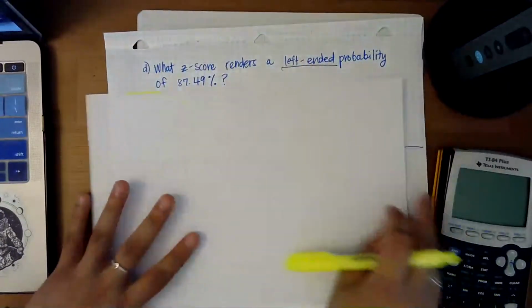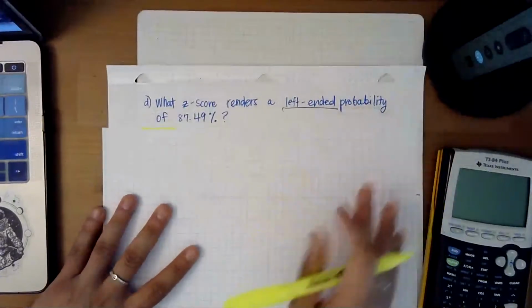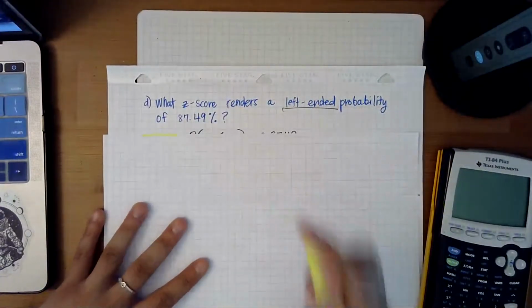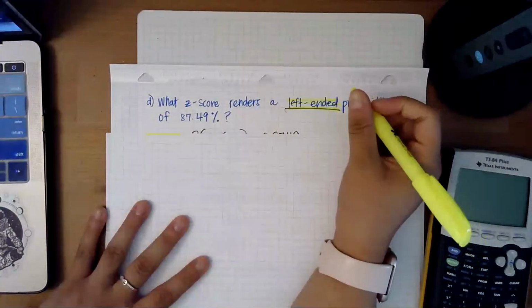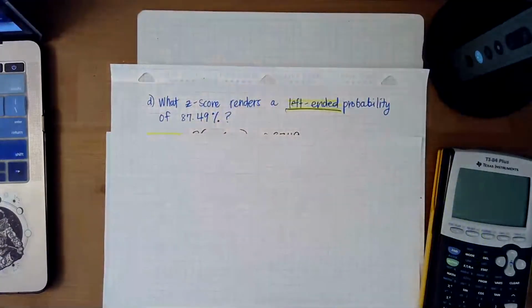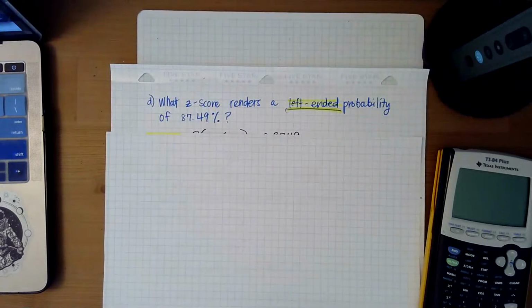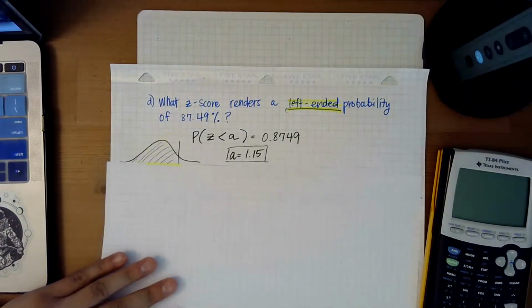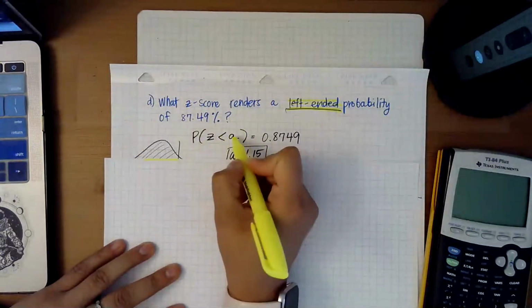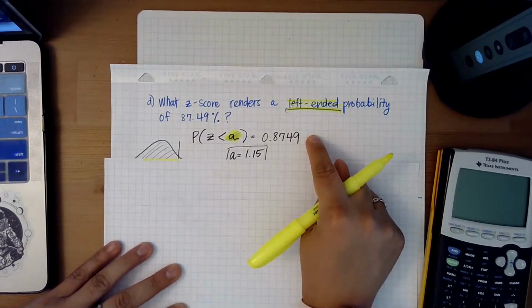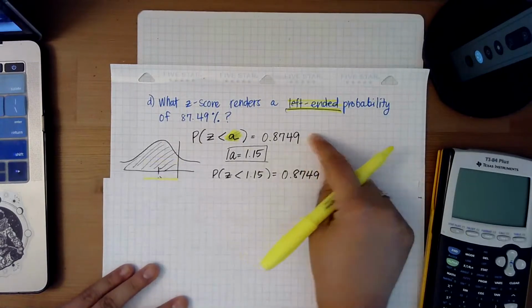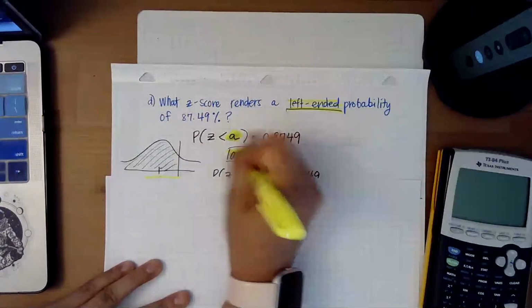So now what happens if I ask you, what's the z-score that gives me a left-handed probability of 87.49%? So now we look backwards. Here we would have to look at the table, find the probability first, then derive the z-value. So here, I don't know what the z-score is. Notice there's an unknown, but I do know what the probability is. And then I go into the table and I find it, and it gives me 1.15.